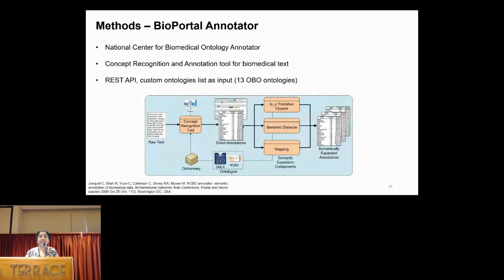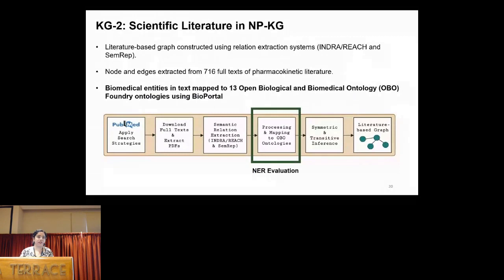Specifically, we use the NCBO BioPortal annotator tool. It also allows custom ontologies as inputs, and it's a publicly available REST API that can be used. And for all terms extracted from these 716 articles, we use the BioPortal annotator to map nodes to the 13 OBO Foundry ontologies.